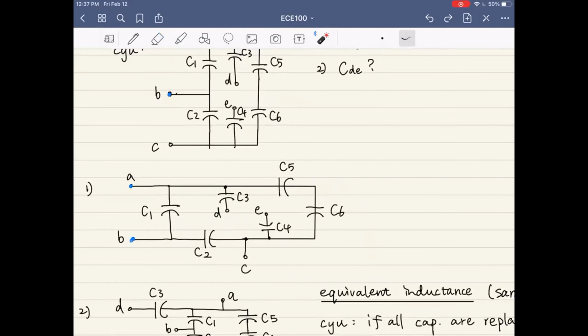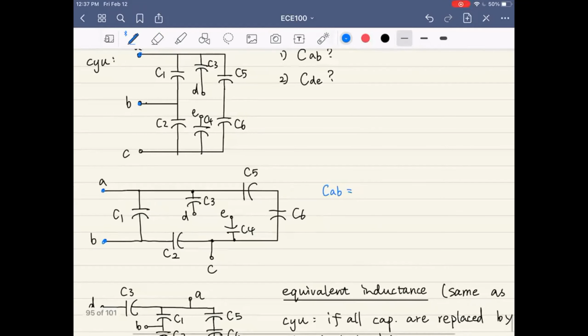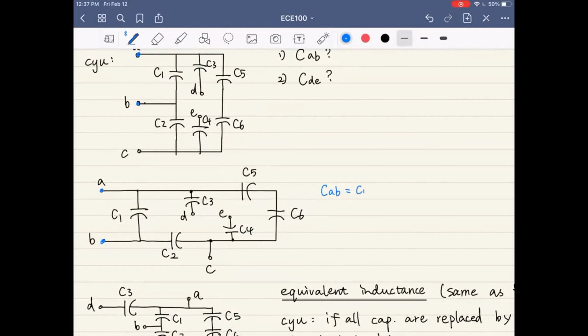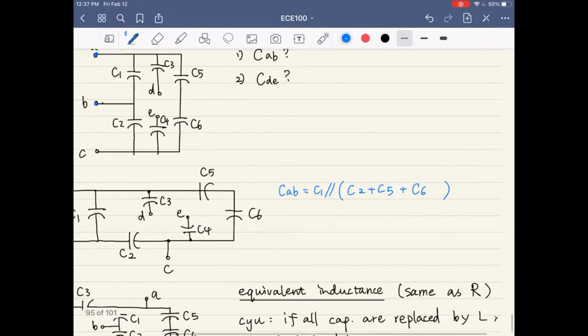So our answer will be clear now. CAB equals C1 in parallel with something, and within the rest, we have C5, C6, and C2 in series. I hope this is clear for you.